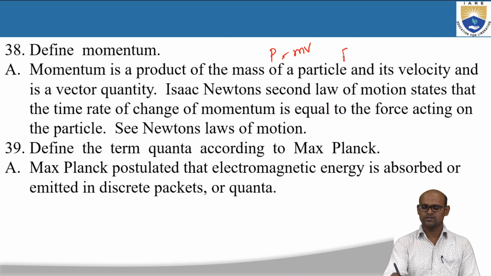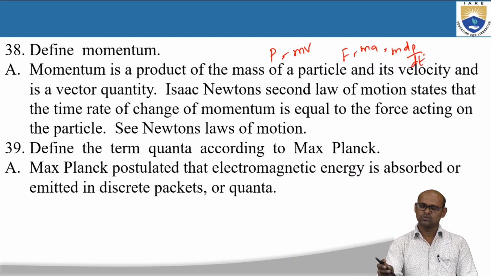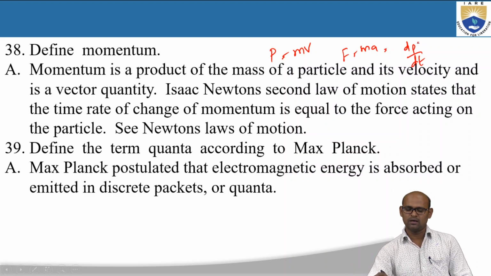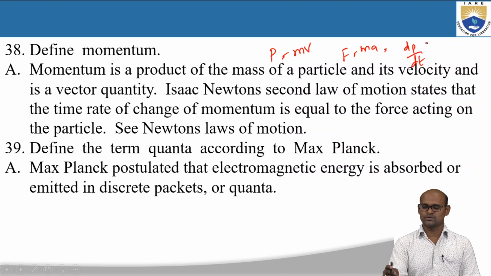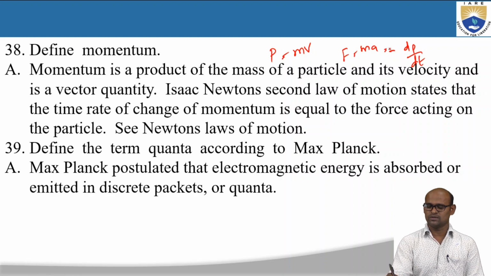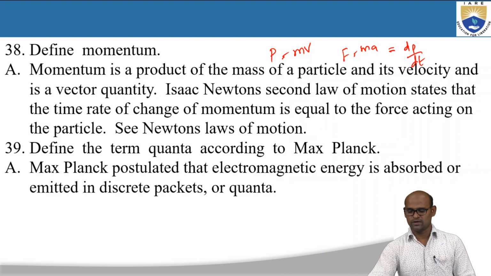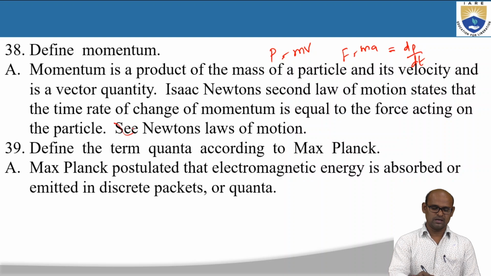So F is equal to dp/dt, because p is equal to mv, and dv/dt is a, so you get F is equal to ma. The time rate of change of momentum is equal to the force acting on the particle, and this is Newton's second law of motion.